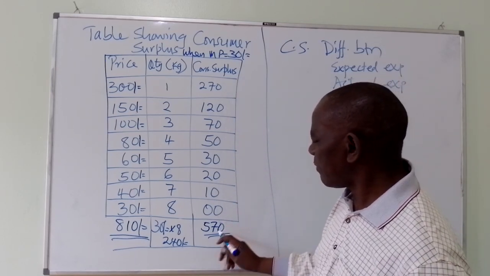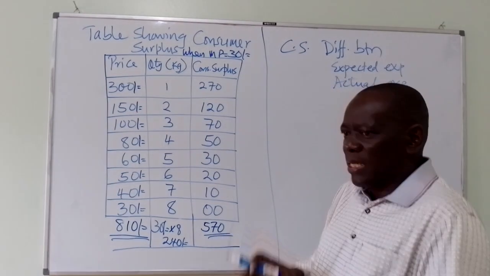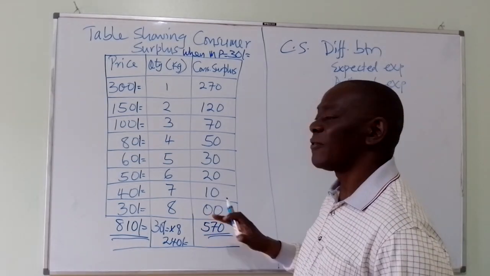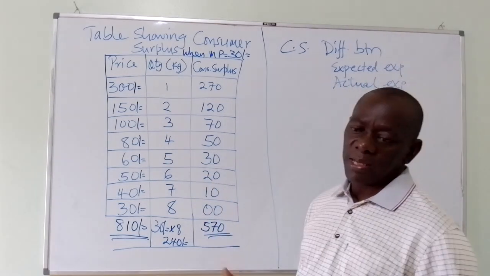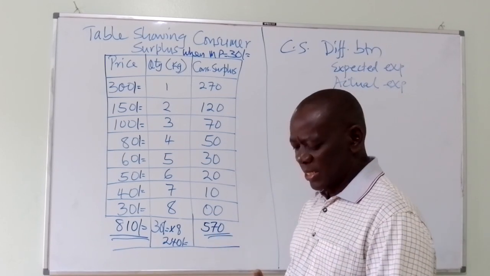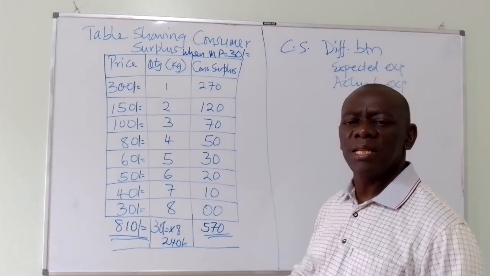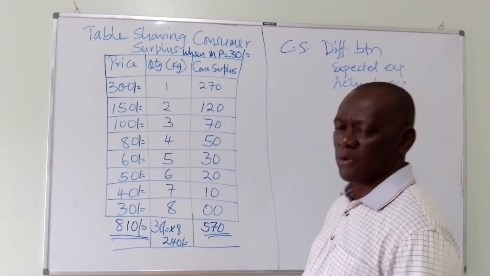Now this consumer surplus, the money, is the extra utility he is enjoying at no cost. He's enjoying 8 units, but he's enjoying an excess. The utility is higher. So the surplus is showing us that he's enjoying a satisfaction which he has not paid for.